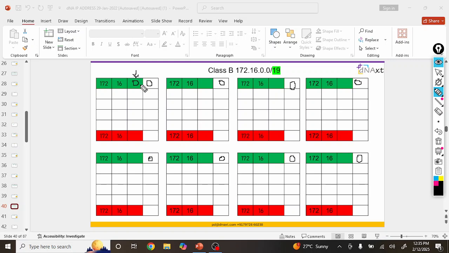In the third octet, since we have borrowed the bits, the increment will be of 32. So 32, 64, 96, 128, 128 plus 32 is 160, 160 plus 32 is 192, and 192 plus 32 is 224. 224 plus 32 will be 256, which is not valid.